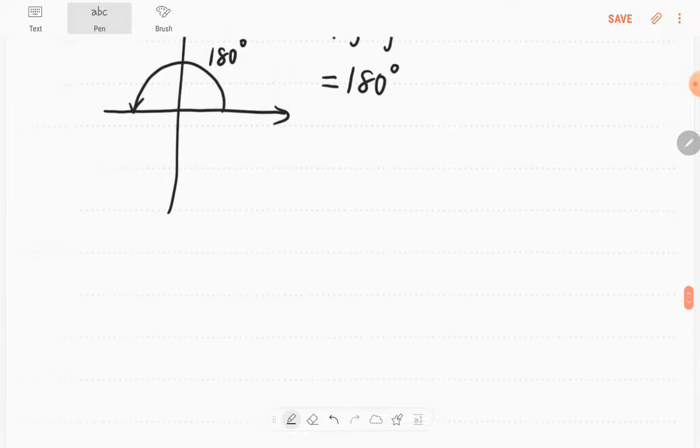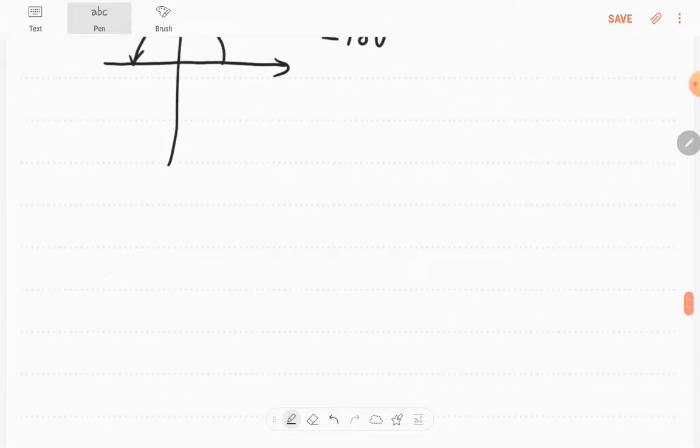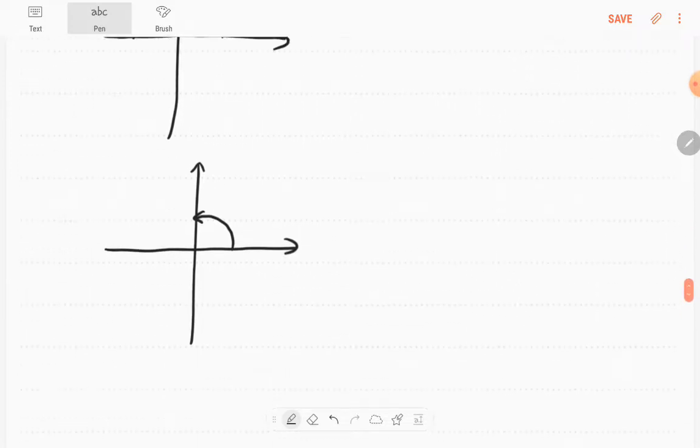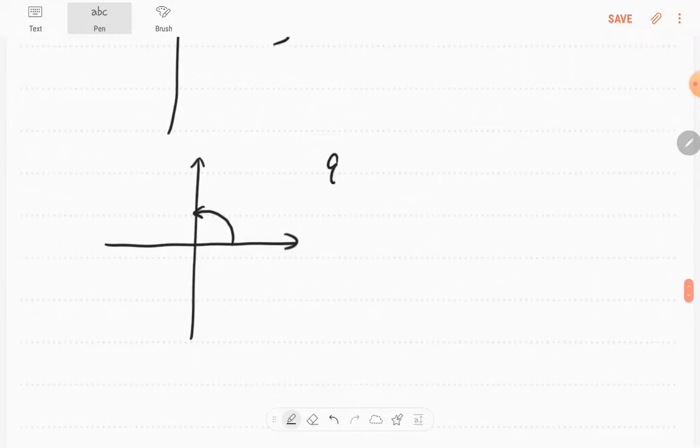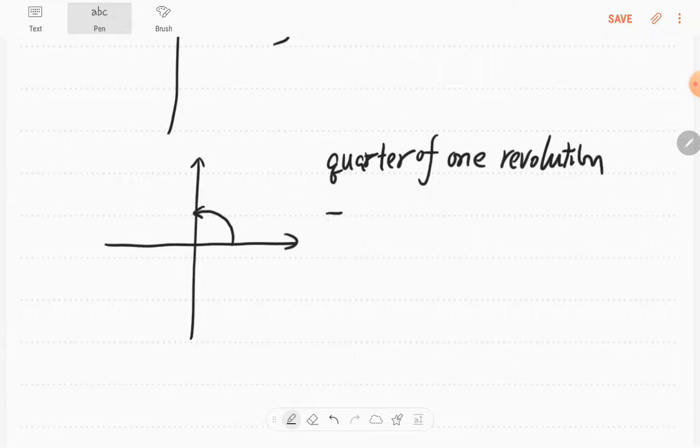And a quarter, from here to here. A quarter of one revolution is 90 degrees.